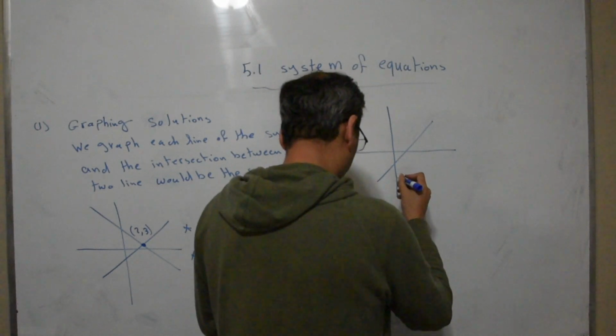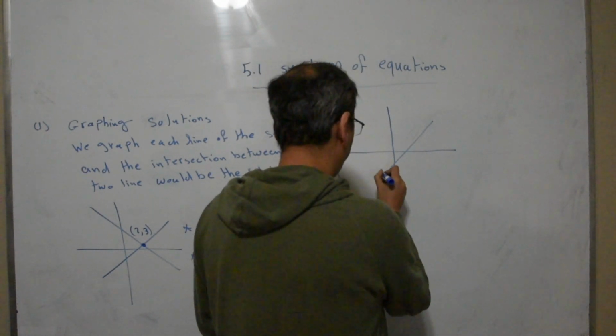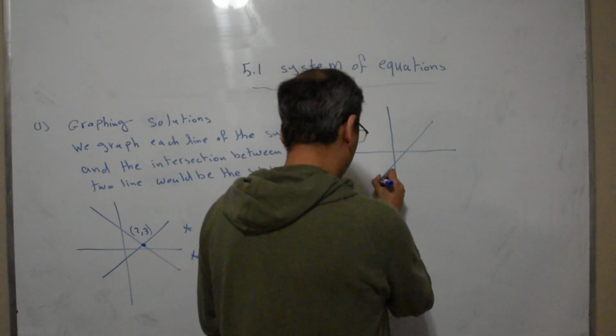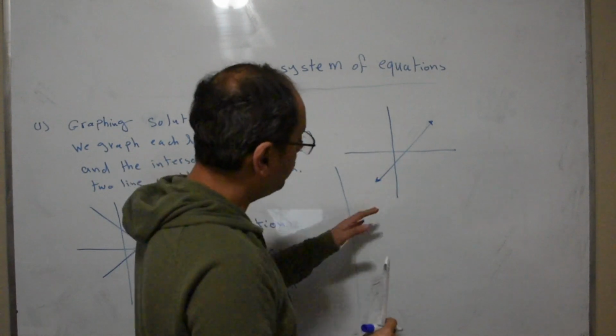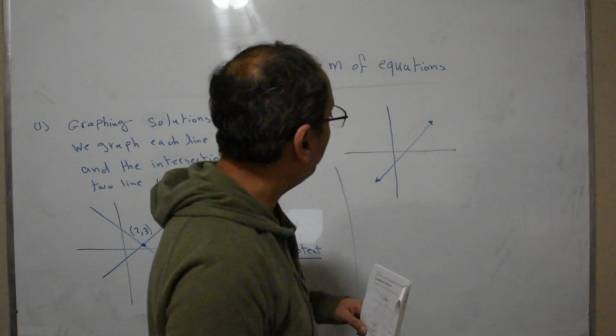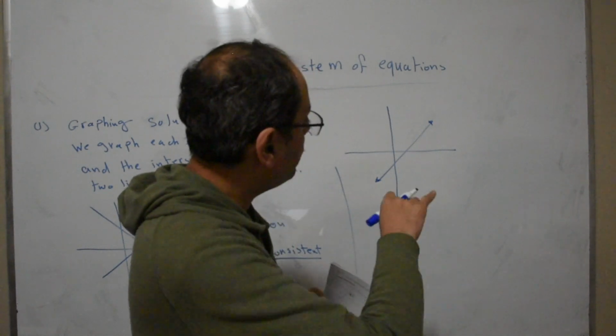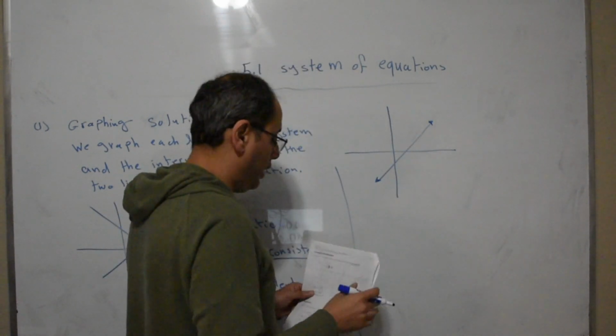Okay, let's get another example. This is a line, and this actually is two lines, and these two lines overlapped.